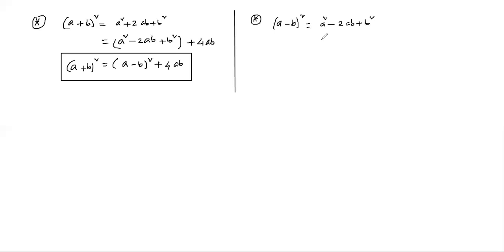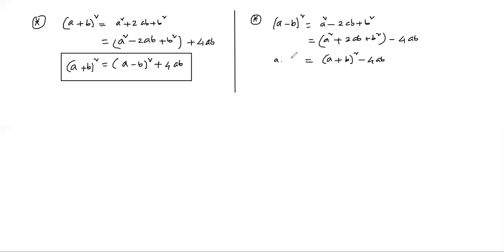So if I start with this, the same type of things I can write here. I made it plus twice ab, and then I'll adjust it. So it will give me a plus b whole square minus 4ab.